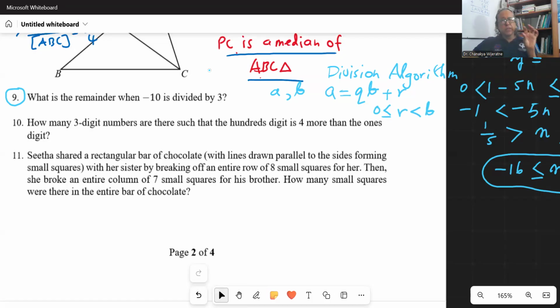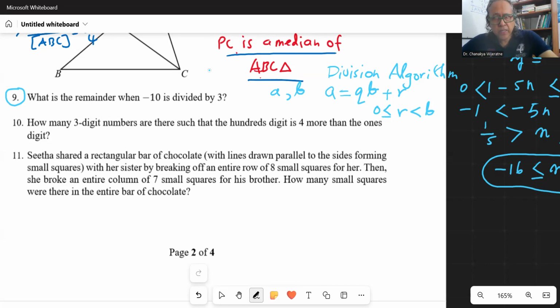Once again, a is an integer, it could be negative also, but b is a positive integer. And when we divide a by b, we get a quotient q and a remainder, and the remainder is non-negative and less than b. So b is called the divisor and a is the dividend.